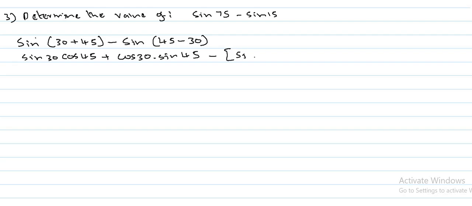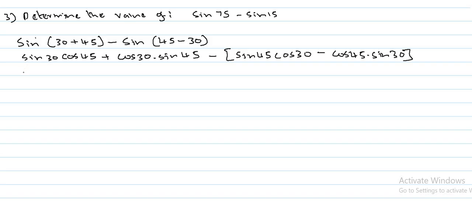This will be sine 45 cos 30 minus cos 45 the sine of 30. We are expanding the brackets because the sine will affect each term.